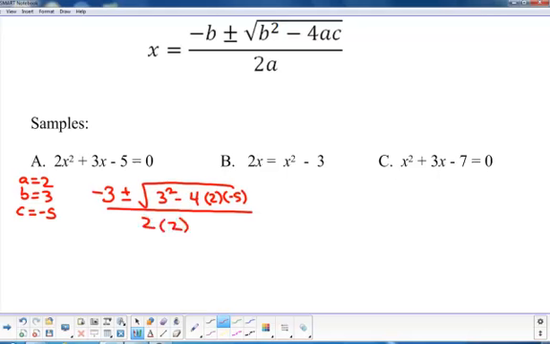And then we start to simplify. So negative 3 plus or minus square root of 9 plus 5 times 2 is 10 times 4 is 40. It's plus because of the minus a negative. And then divided by 4.